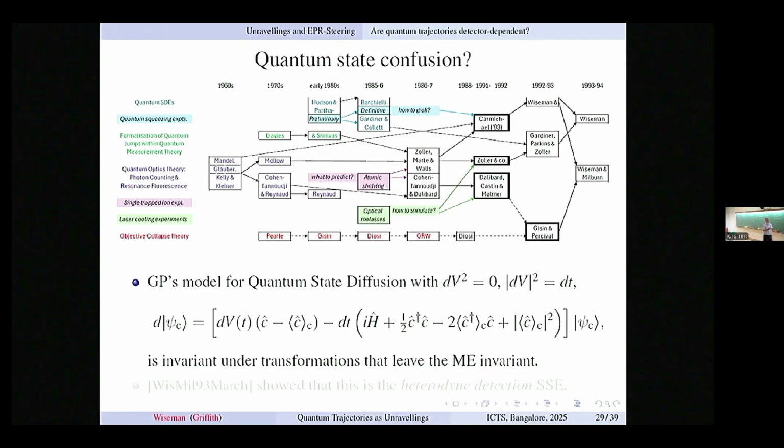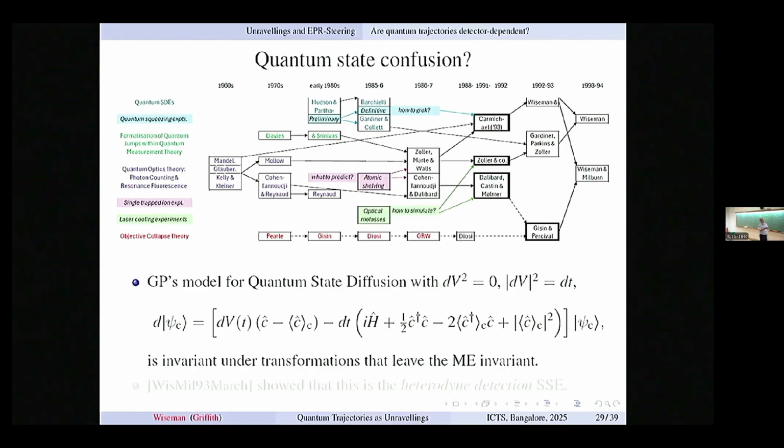So the question you could ask is: why not take any master equation, which people play around with in quantum optics, and do a stochastic version of it? Lajos wrote down a Fokker-Planck version of this, not explicitly written as a stochastic equation.